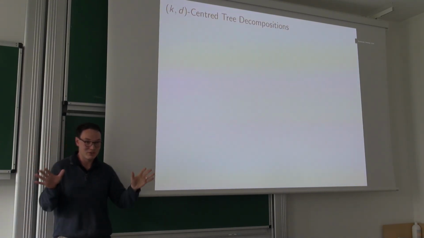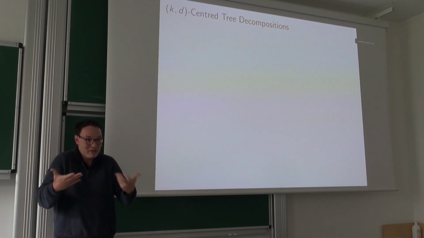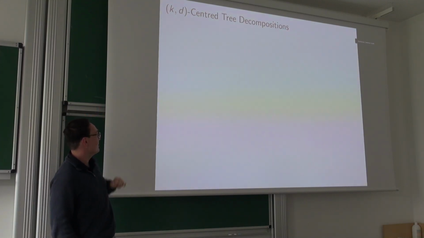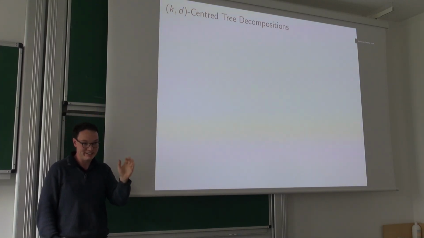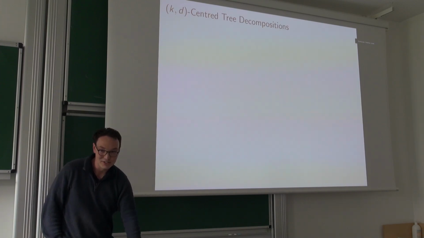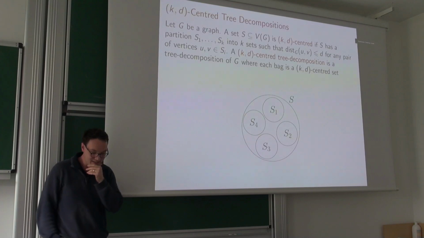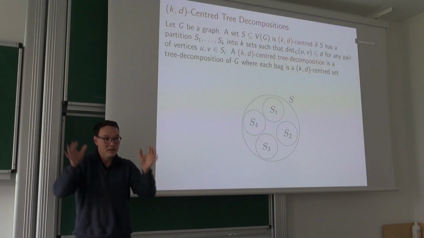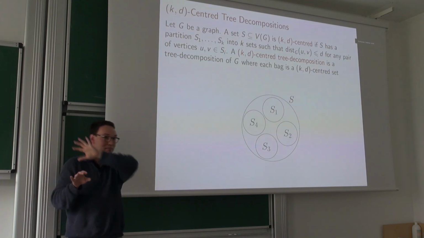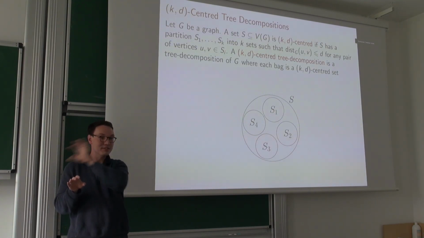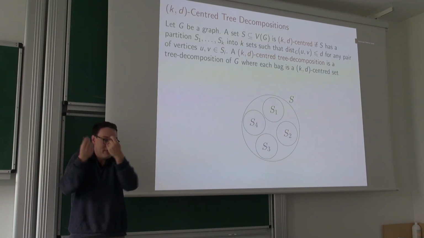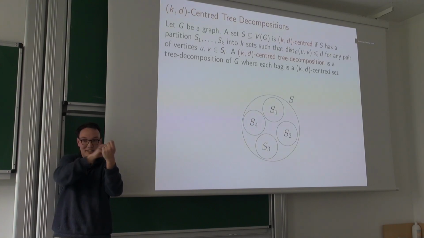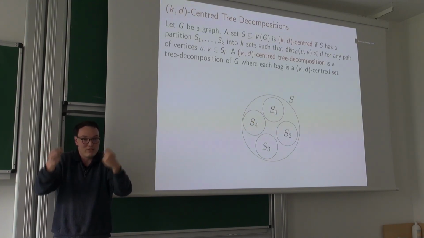Okay, so we have tree width. We want to understand what is a right notion of coarse tree width. And my claim is that KD-centered tree decompositions is where it is at. So what do I mean by KD-centered? We look at a set of vertices. I'm going to say it's KD-centered if we can partition that set into K parts, where within each of these parts, any pair of vertices within that part is at distance at most D within the graph.